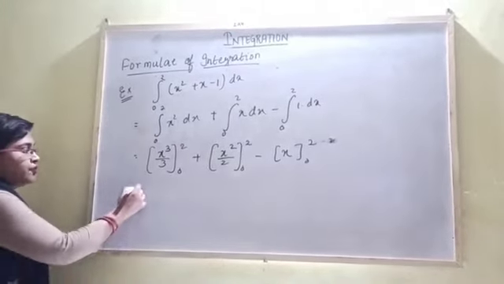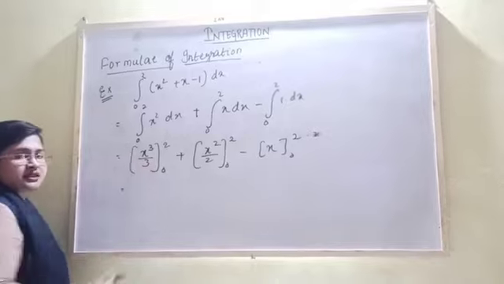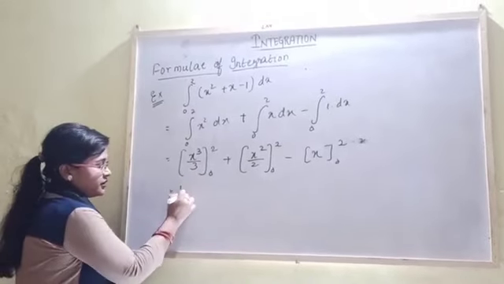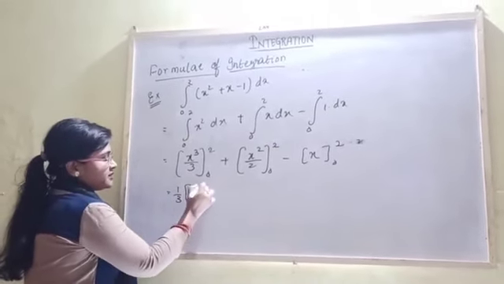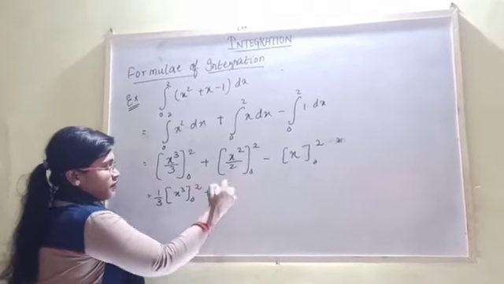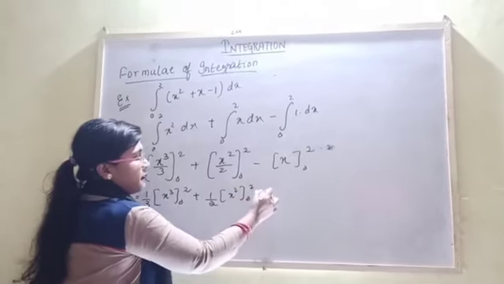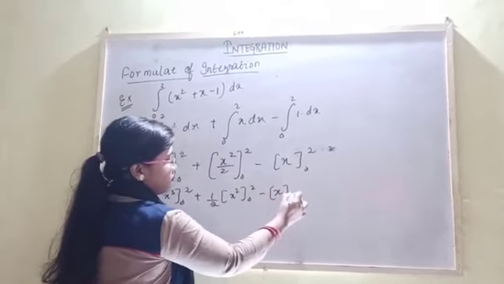Clear? Now let us just put the limits. Here 1 by 3 is a constant, so you can take it out and put x cube from 0 to 2, plus 1 by 2 is also a constant, x square from 0 to 2, minus x from 0 to 2.